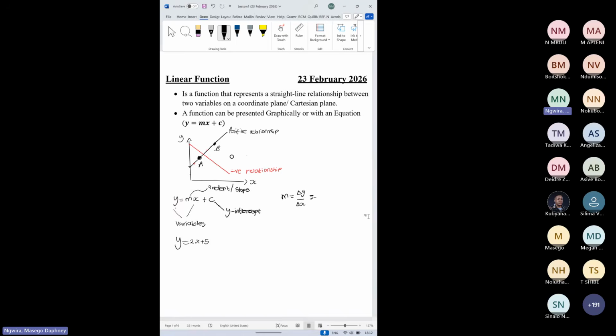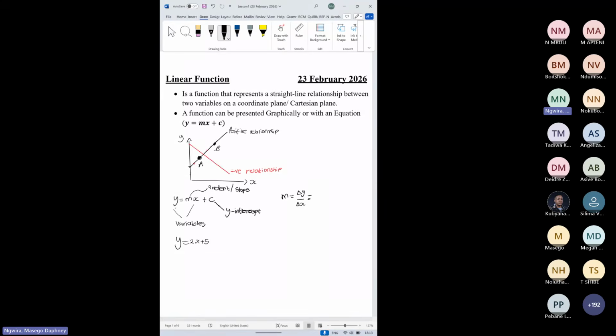So this is just an intro, for you to understand when we move on to application. It's just the basics. I hope I make sense. Okay, thank you. Okay, so yes, I'm just introducing linear functions.